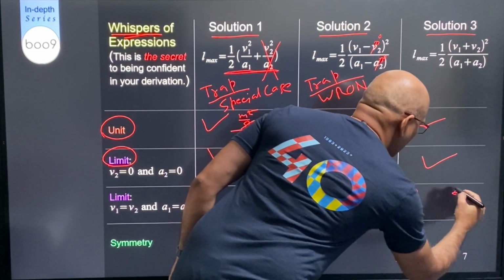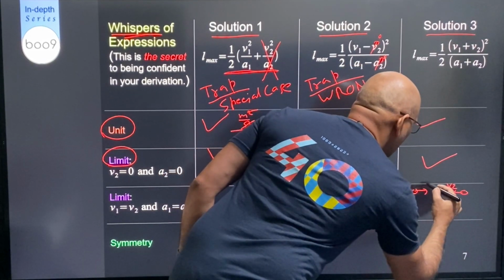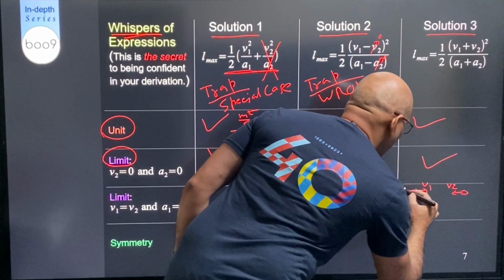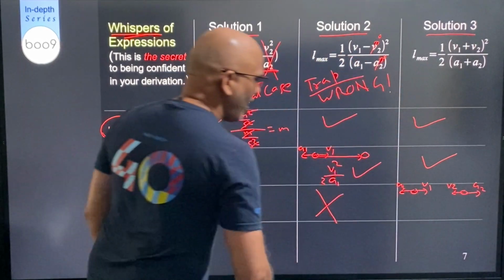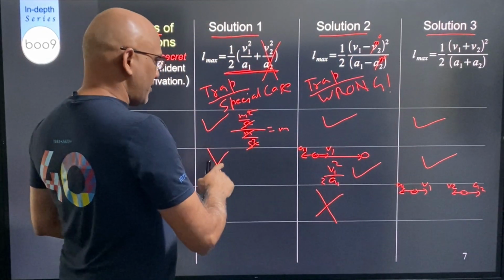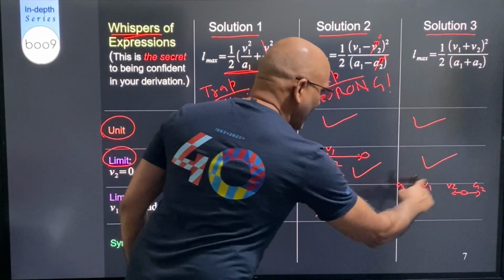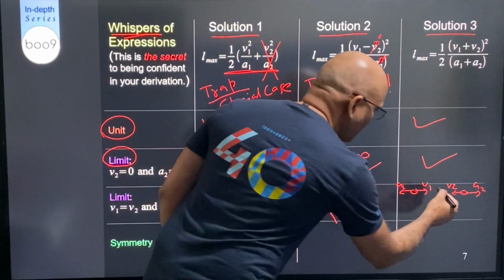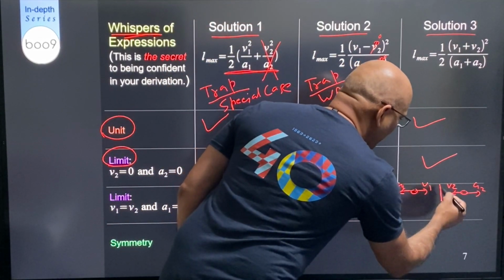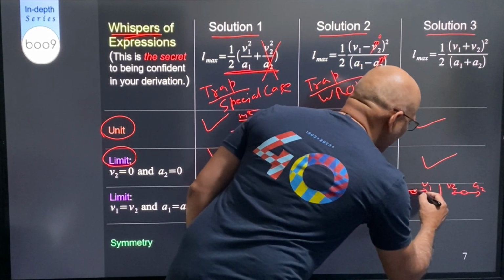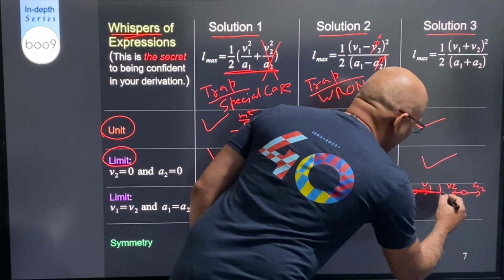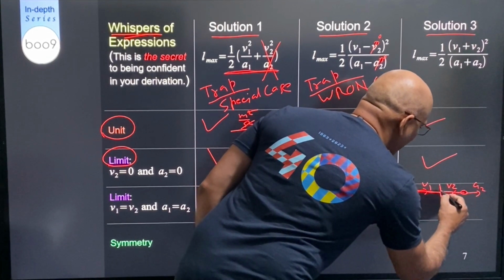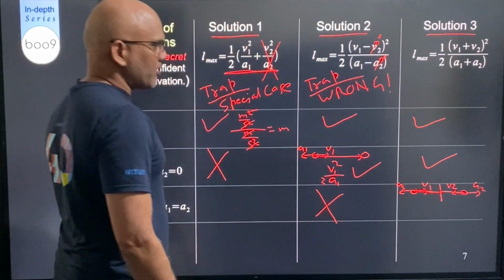This is v2, this is v1, this is a1, and this is a2. If v1 and v2 are the same and a1 and a2 are the same, then from symmetry they should meet right at the center. When it travels and comes to rest here and comes back, they should meet right about here, at the center, when they come to rest.